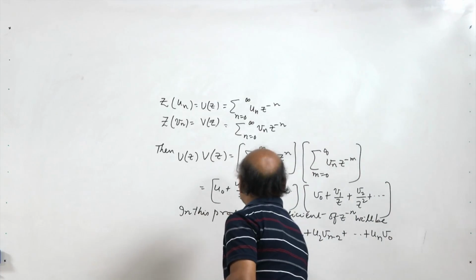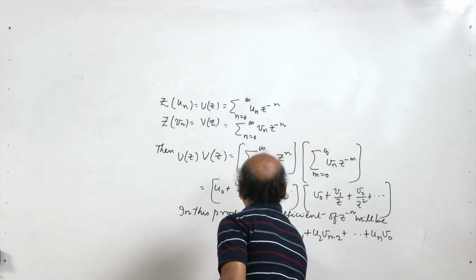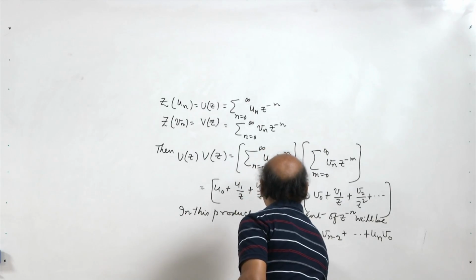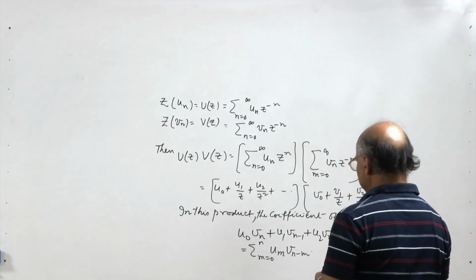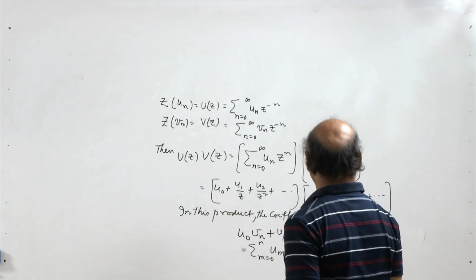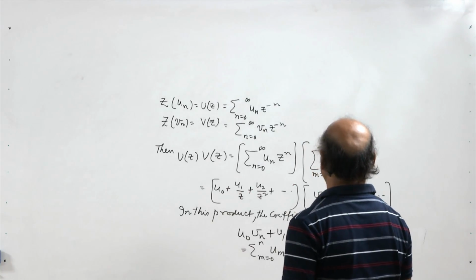This can be written as sigma m equal to 0 to n u_m v_(n minus m). So, this is the coefficient of z to the power minus n when you multiply these two infinite series.